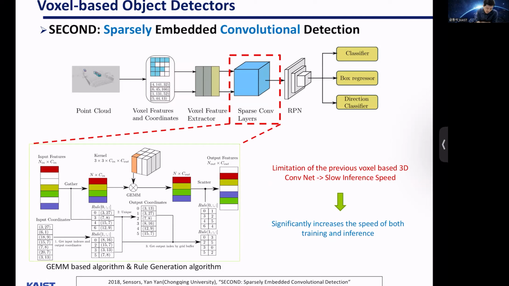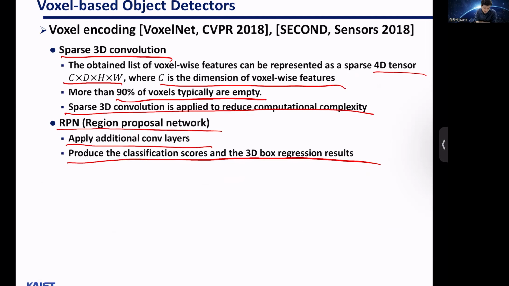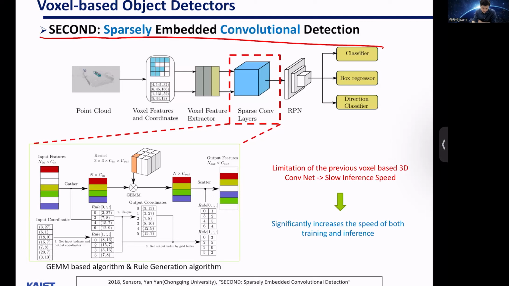This network is called SECOND, Sparsely Embedded Convolutional Detection. The early voxel-based network was VoxelNet, which tends to run slow. So SECOND proposed this sparse convolutional method described here.